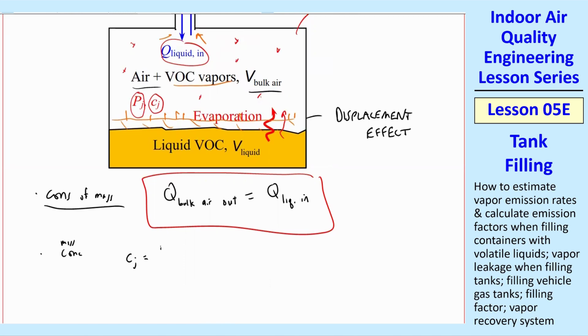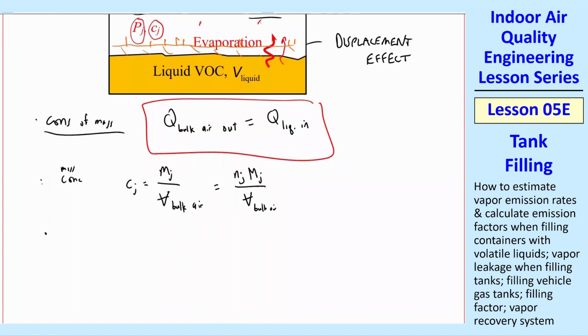And then we have the mass concentration of the contaminant. So CJ is by definition little mJ over volume of the bulk air. And remember, going back to the first week, this mJ is NJ times capital MJ over, again, V of the bulk air. We're going to deal with only ideal gases in this course, so the VOC and the air are both ideal gases.